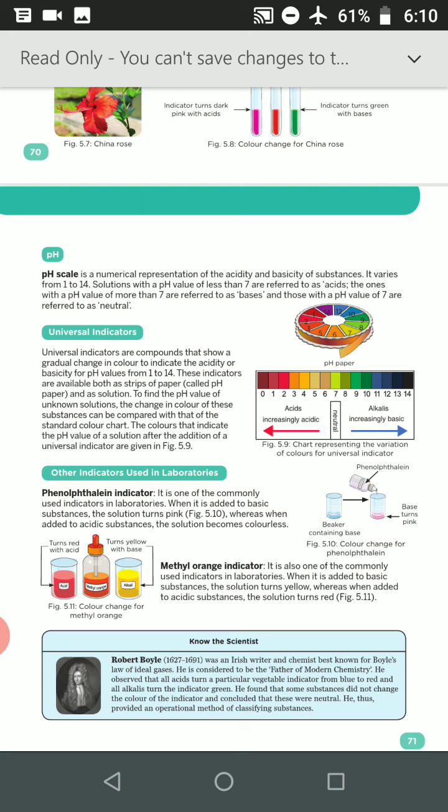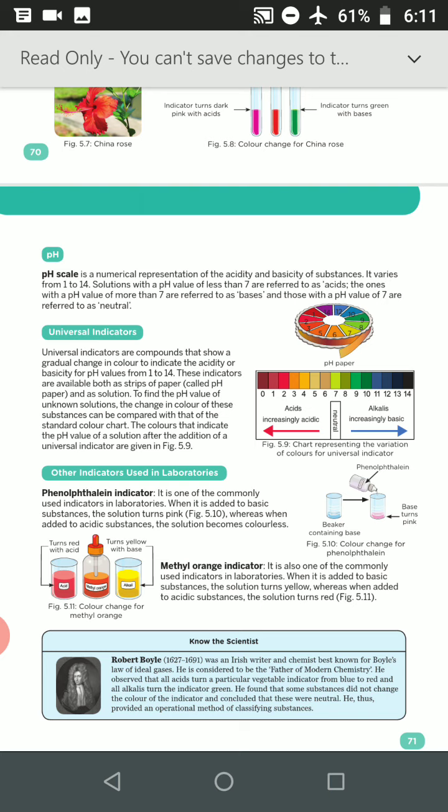See in the table, figure 5.9, the colors are given. If you see number 2, the color of number 2 is red. Means if your solution gives a red color, we say it is an acidic solution with pH value 2. These indicators are available as strips of paper as well as solution.